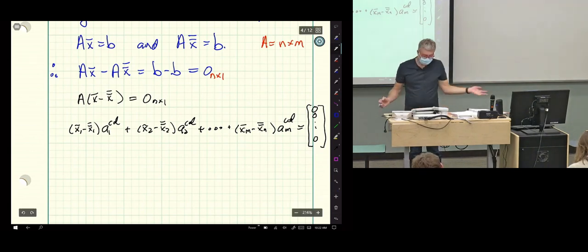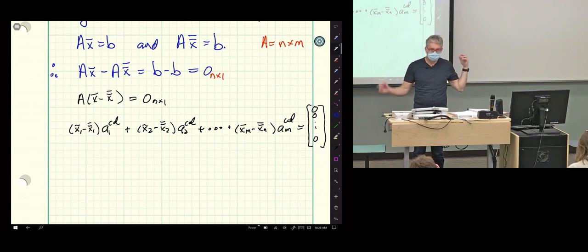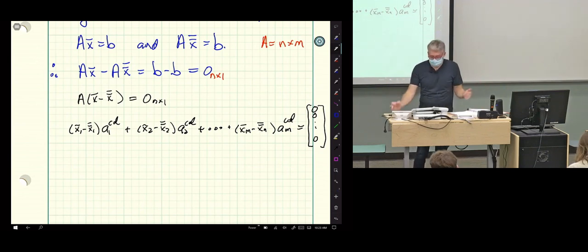So what is the condition on the columns of A such that all of the coefficients in front of them have to be 0 and hence the solutions are the same? That's the definition of linear independence, okay? So you can see exactly what's going on.